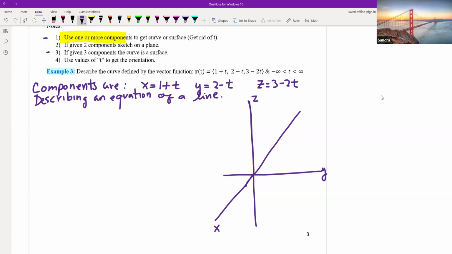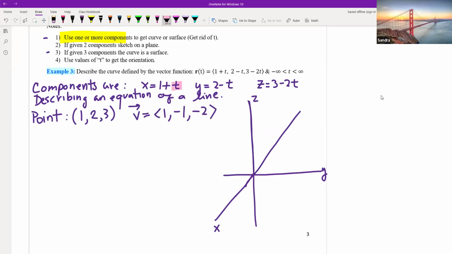I can see that since this is an equation of a line, I have a point. One point on the line will be the point if t is equal to 0. I get the point 1, 2, and 3. Another thing that I know is that I have a vector, and my vector will be 1, -1, and -2.